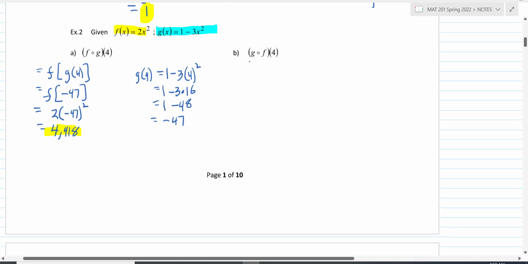Let's do one more like this. So now let's do this backwards. I like to do this backwards just to see if we would get the same answer. That kind of depends on the function. So when you start this off, you would write this as g of f of 4. Now what we have to do is work out f of 4 at the side of the paper. So f of x is 2x squared. Plug the 4 in there to get 2 times 4 to the second.